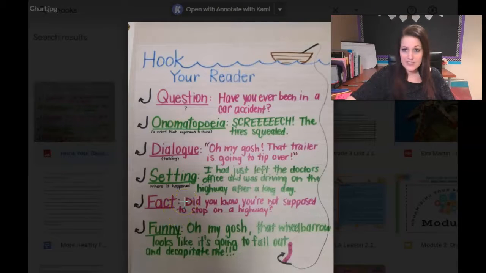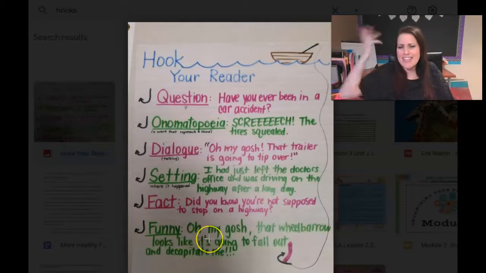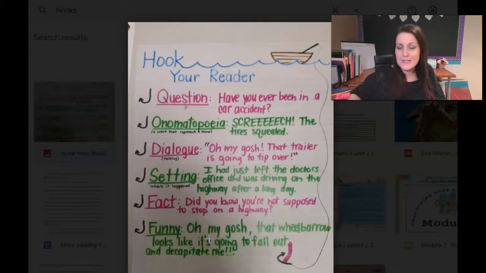What is a fact I could say? I wipe off my dog's feet 15 times a day, or something like that. Or I have mud all over my rug because my dog always comes in with muddy feet. Some kind of fact. Or you could start with something funny. I can't think of anything funny, but you could do a funny sentence that makes someone laugh, because that would draw them in and make them want to read your writing.